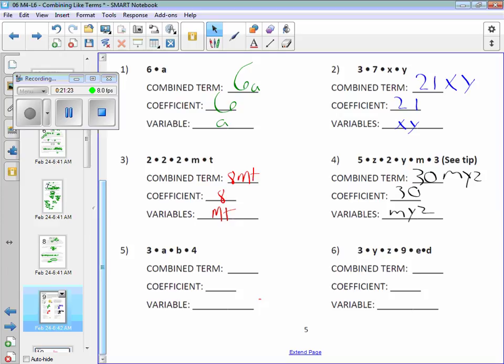You got it. 30 times m times y times z, or 30myz.